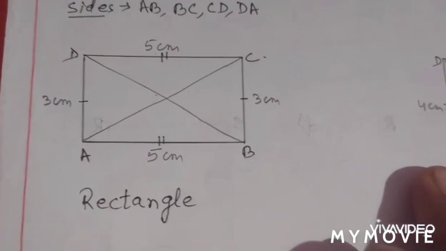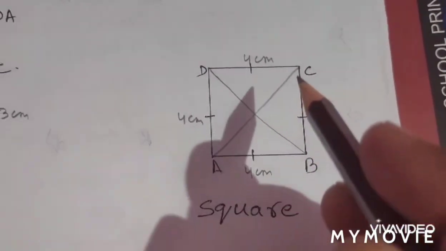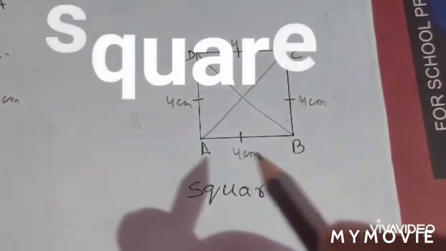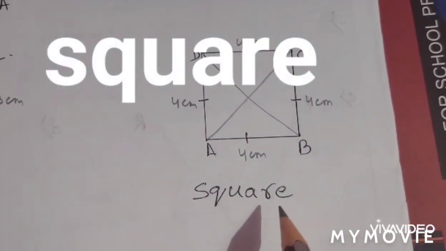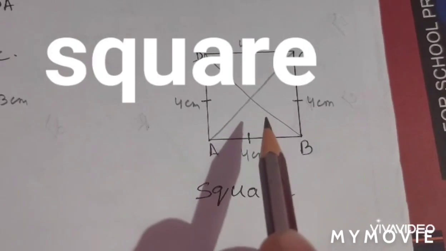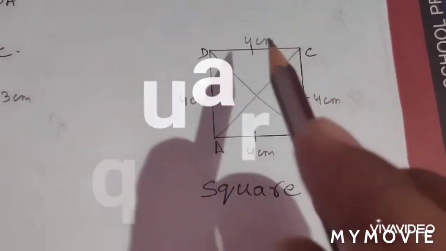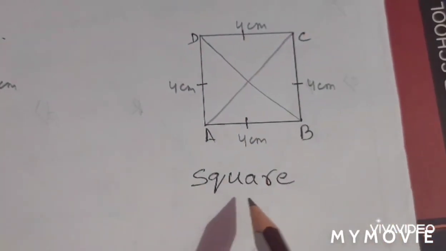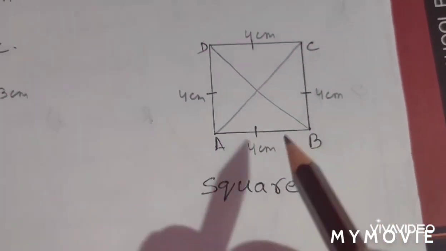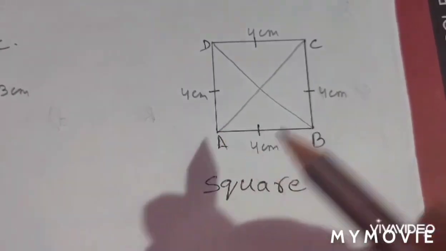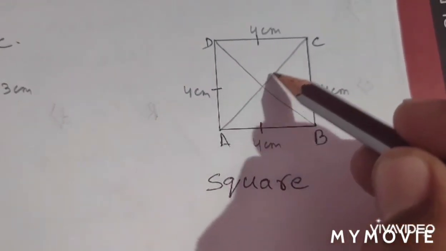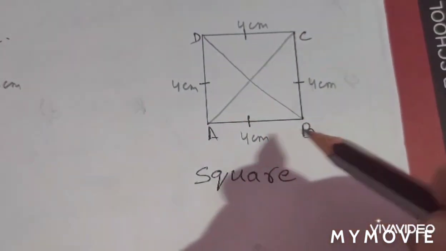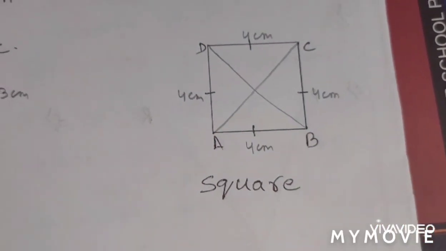Okay, next comes this figure with all sides equal. This all-sides-equal figure is called your square. Though it is a quadrilateral, in this all sides are equal, that's why we call it a square. In a square, all sides are equal and the two diagonals, AC and DB, are also equal.